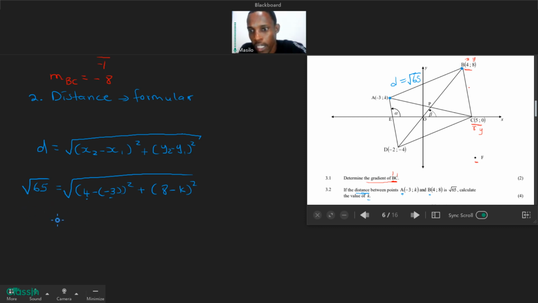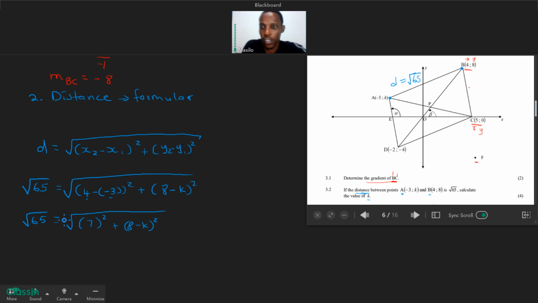It means that in this case, root of 65 equals root of 4 minus minus 3, which is 7 squared, plus 8 minus K all squared.